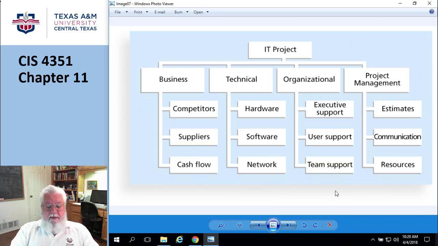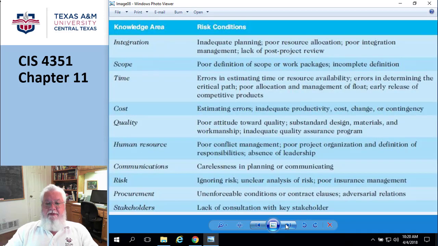Okay. The book, because it's based upon the PMBOK, the PMI's body of knowledge, lists the 10 knowledge areas and what a typical risk condition is for each. The first one is integration: inadequate planning, poor integration, lack of management.